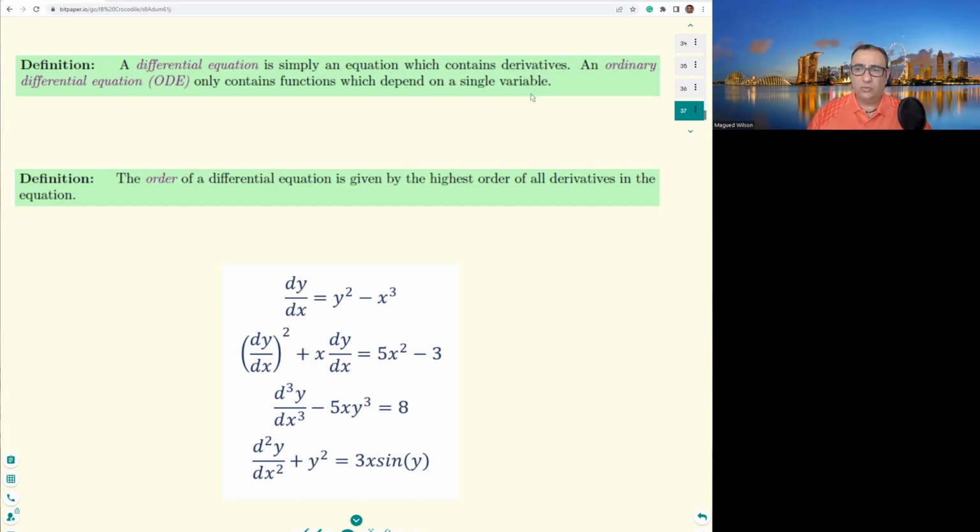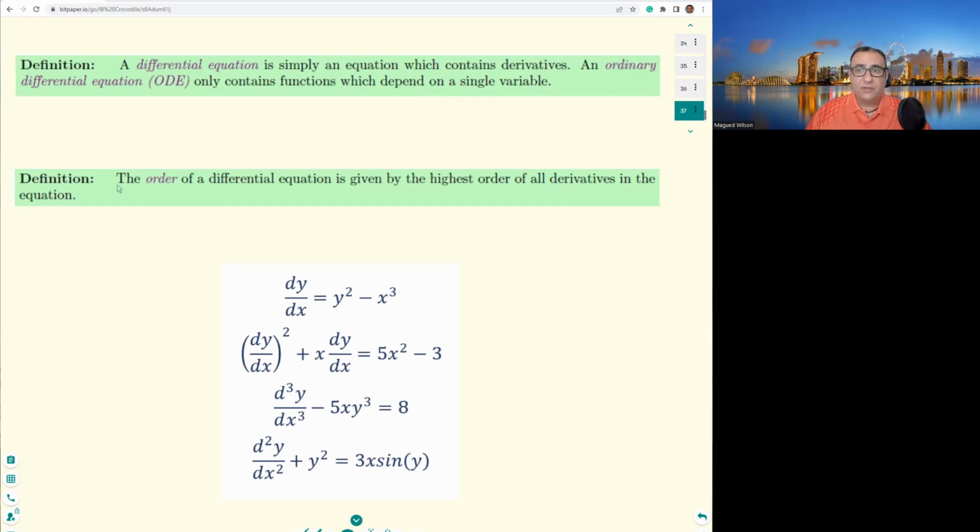So don't worry, you will not see non-ordinary differential equations, just ordinary differential equations, okay? Only a single variable, it means f of x, let's say x, right? Or t, whatever the variable is, it's only a single variable. So this is called an ordinary differential equation.